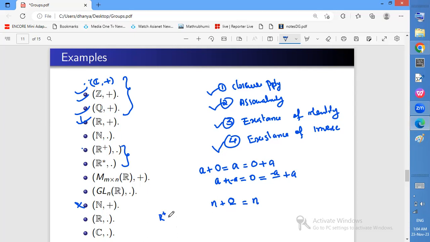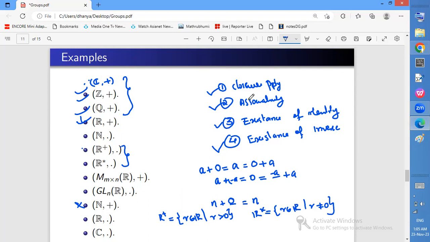R plus is the set of all positive real numbers, the set of all r belonging to R such that r is greater than 0, whereas R star is the set of all non-zero real numbers, the set of all r belonging to R such that r is not equal to 0. So I have to check that these sets form a group under multiplication.